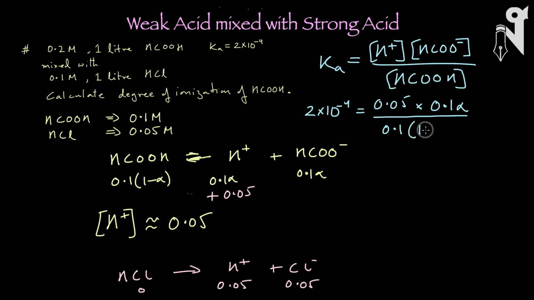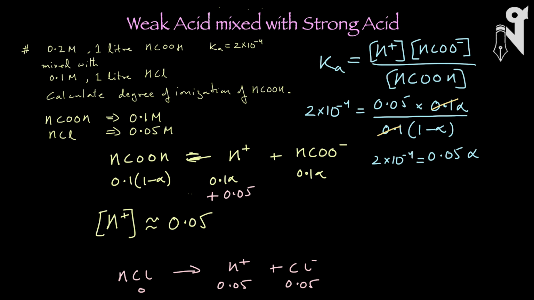With the common ion effect, the alpha will be much lesser, and hence 1 minus alpha is equal to 1 in this case without any doubt. So what we get next is 2 into 10 power minus 4 is equal to 0.05 times alpha, as I'm going to cancel this, and 1 minus alpha is 1 itself. So this leads us to the answer.